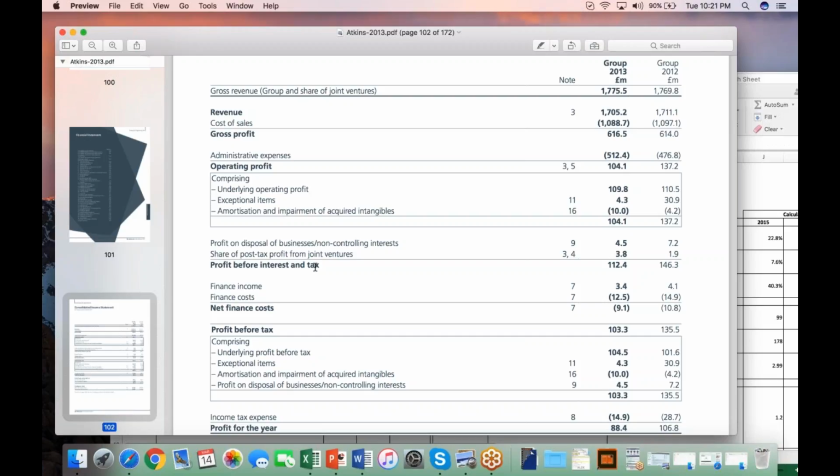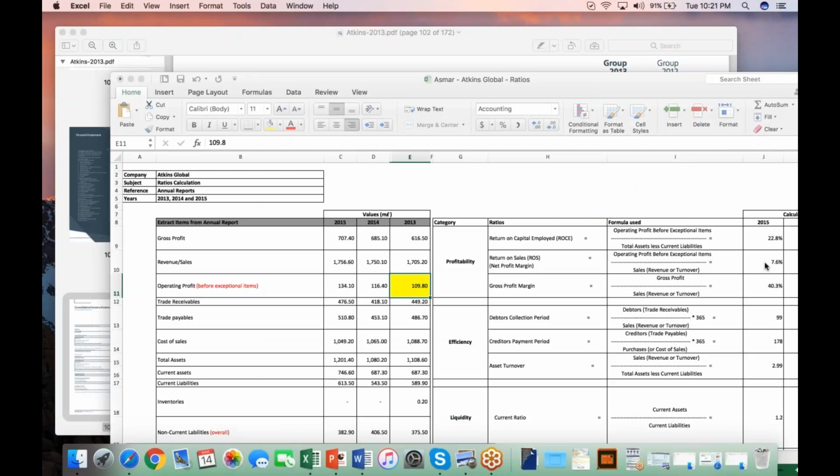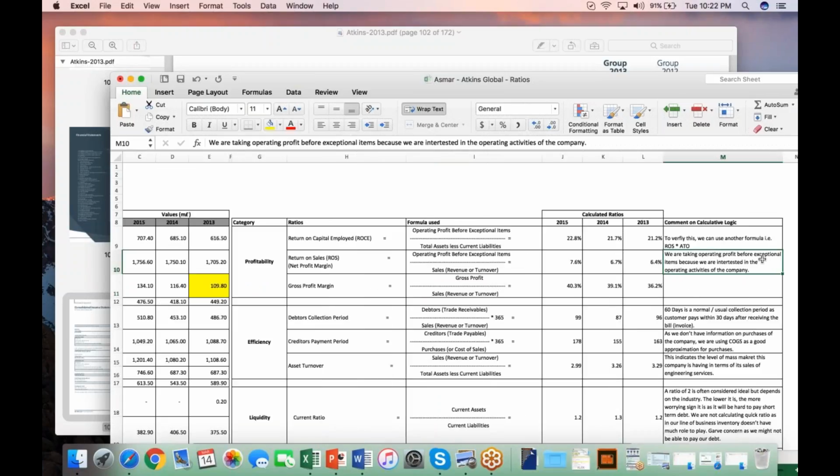This profit before interest and tax is actually earnings before interest and tax, which is operating profit 104.1, whatever they are considering, plus the other income. Yes. So you're questioning whether we should consider these as part of operating profit? We should not, and that's why I've mentioned in my explanation that we are taking operating profit before exceptional items and other income, as we are interested only in the operating activities of the company.